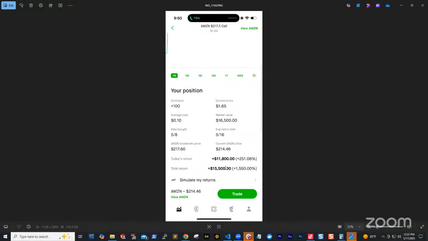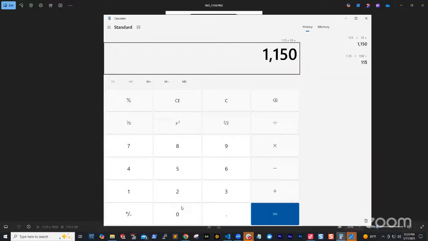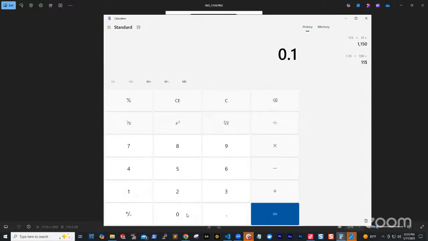I'm showing you guys this one. I messed up on this one though. This is the one I really wanted to show you guys. This one cost me $10 per contract, 10 cents. So I have 100 contracts, 10 cents times 100, that's $10.